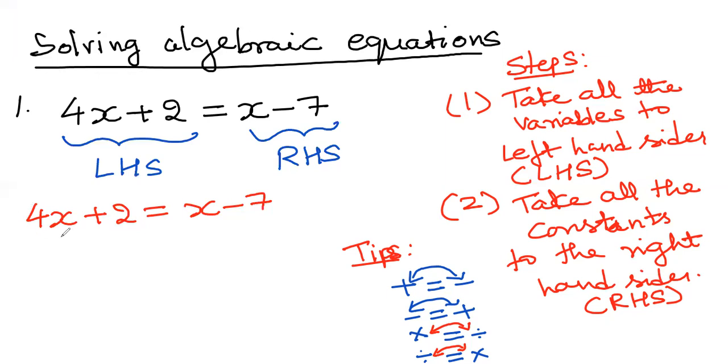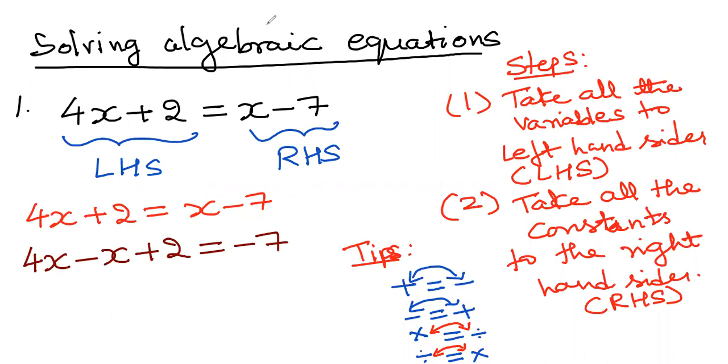We have 4x here; we will retain 4x on the left hand side. We have x over here, and this x has been added to minus 7. So addition becomes subtraction when it is taken across the equal to sign. Therefore, we can write this as minus x plus 2 equal to minus 7.